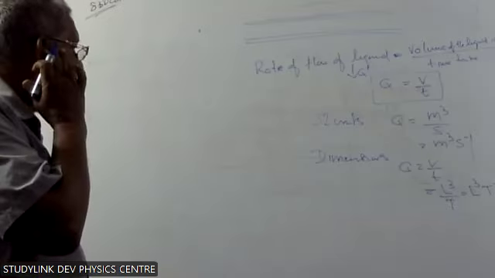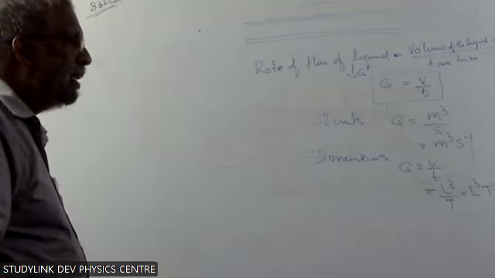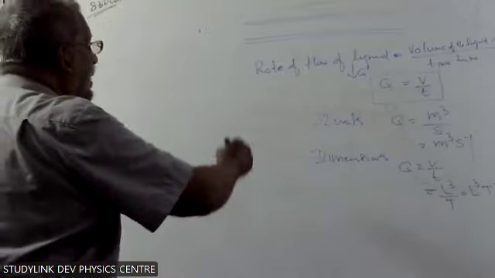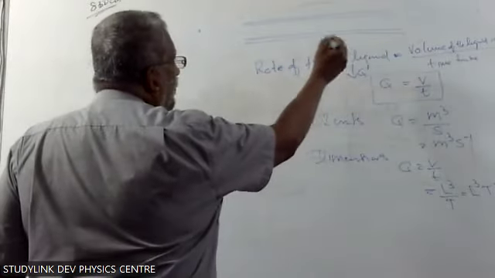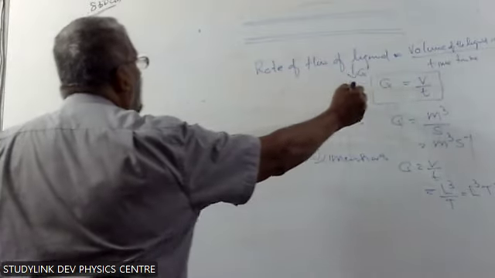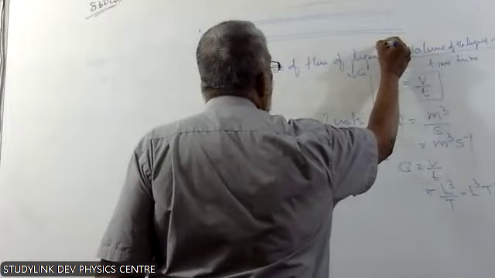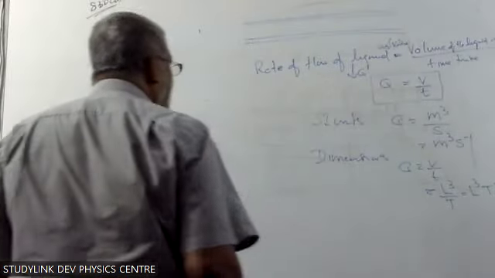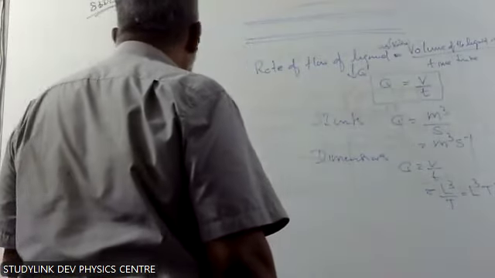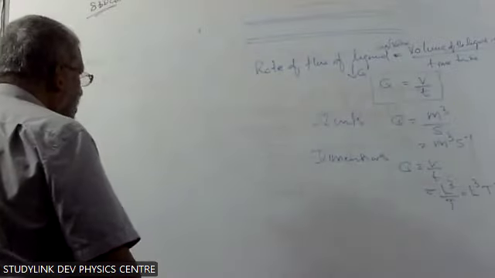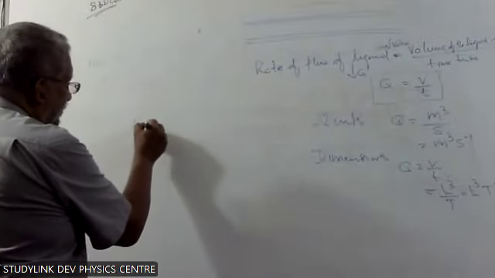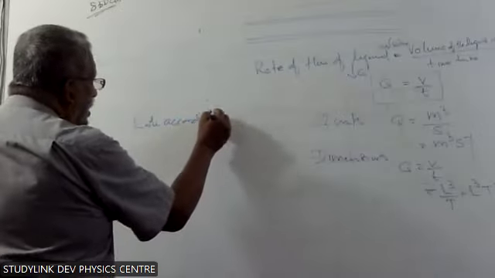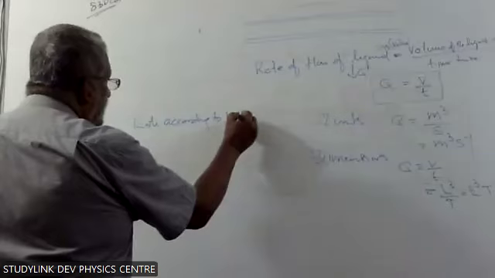In Poiseuille's equation, the rate is actually given according to the volume. That means you can say rate of flow of liquid as volume, and if you do not state otherwise, it means according to volume. But remember, there is also the rate according to mass.